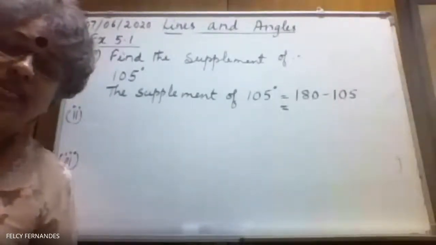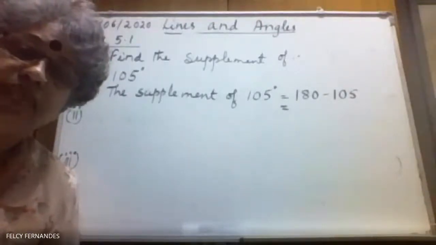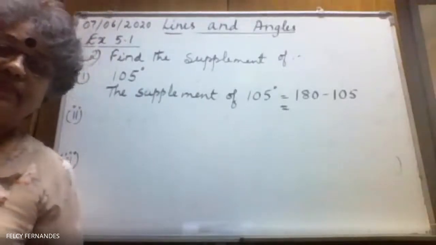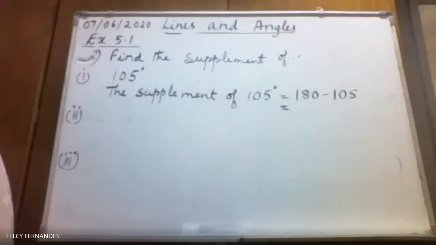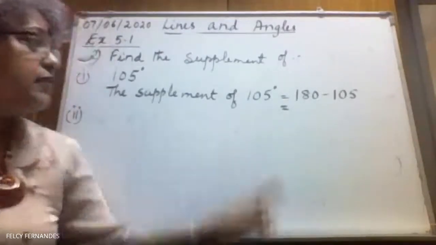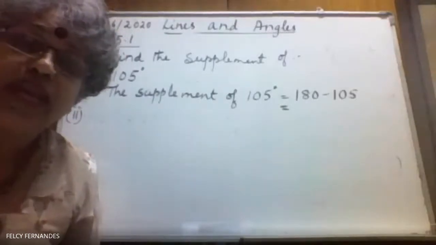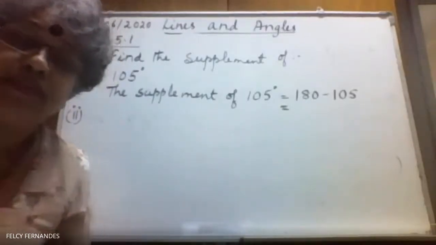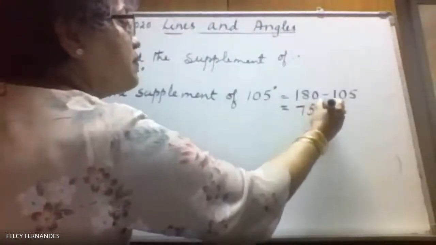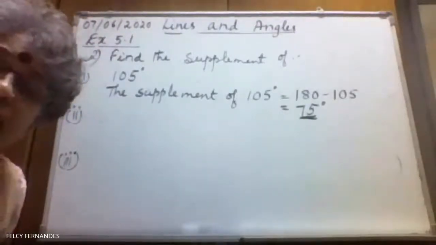Nobody has done this? Don't write the previous one. 180 minus 105. Okay, I will give you the answer. 75. This is the supplement of 105.